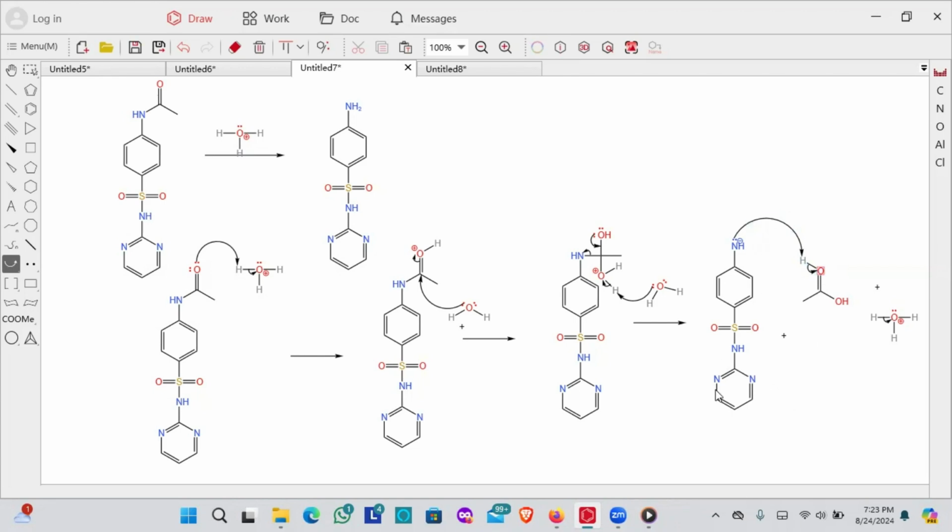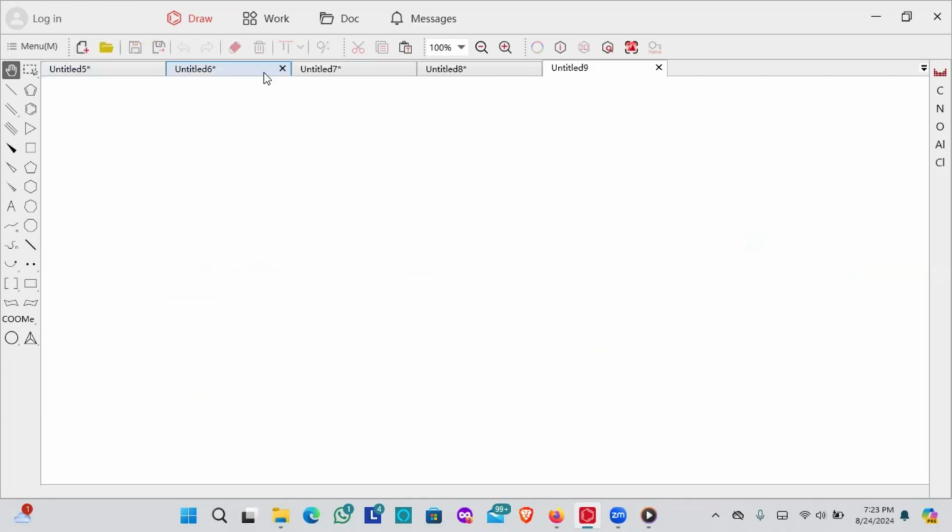Let's show the final product, which is going to be the sulfadiazine, as well as the carboxylic acid and hydrochloric acid on the other side, on another page. Yes.